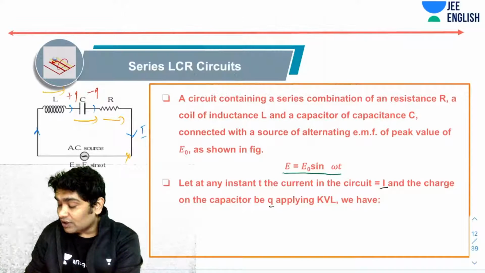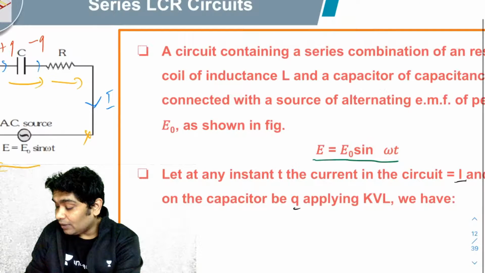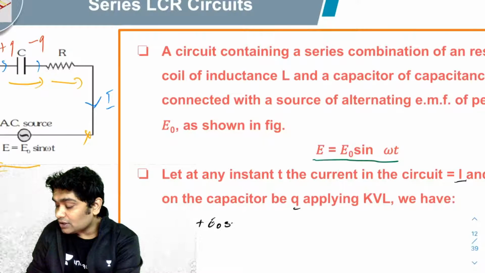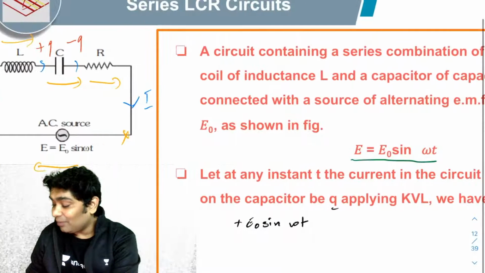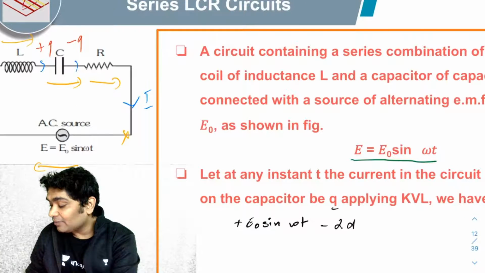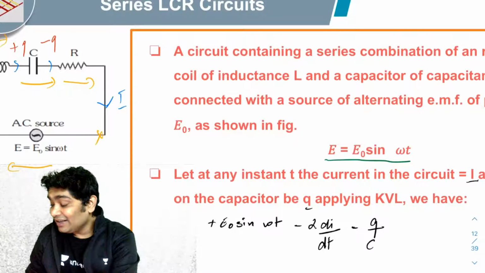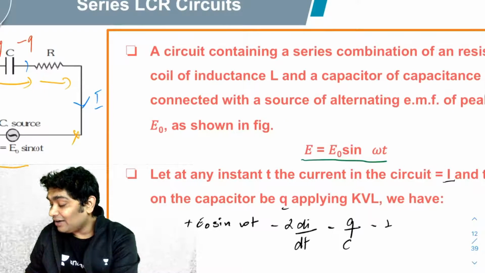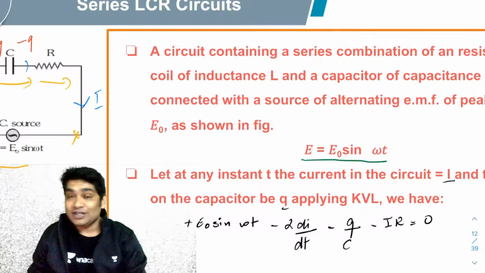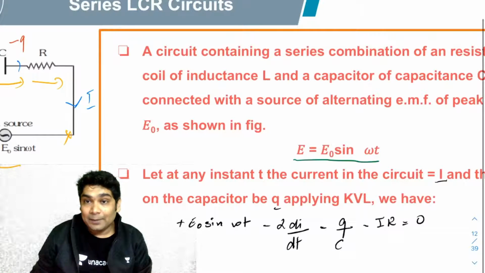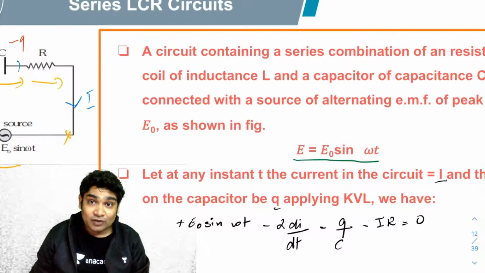First I will write plus E naught sine omega t, and then minus L di by dt, and then minus Q over C, and then minus I times R equals 0. This is the differential equation you would have gotten.